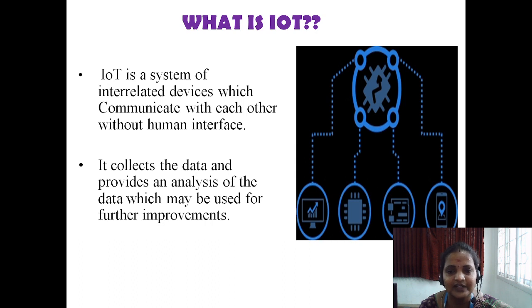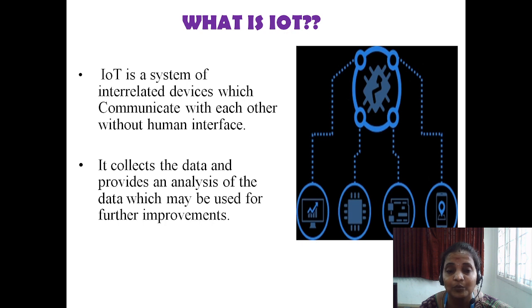Here you have a diagrammatic representation of how IoT works. IoT is a system of interrelated devices. The devices can be anything. How are your devices getting interrelated, how are those devices going to collect the data from the external environment, and how are they going to share those data with each other without any human interface?